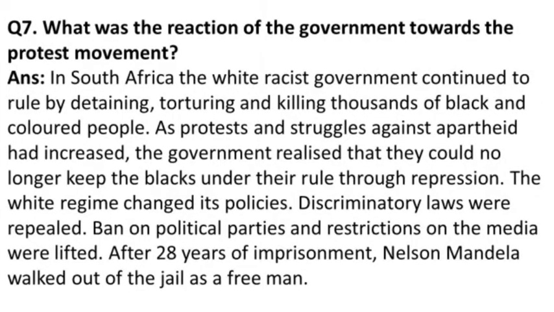Question number 7. What was the reaction of the government towards the protest movement? Answer. In South Africa, the white racist government continued to rule by detaining, torturing and killing thousands of black and colored people. As protests and struggles against apartheid had increased, the government realized that they could no longer keep the blacks under their rule through repression.